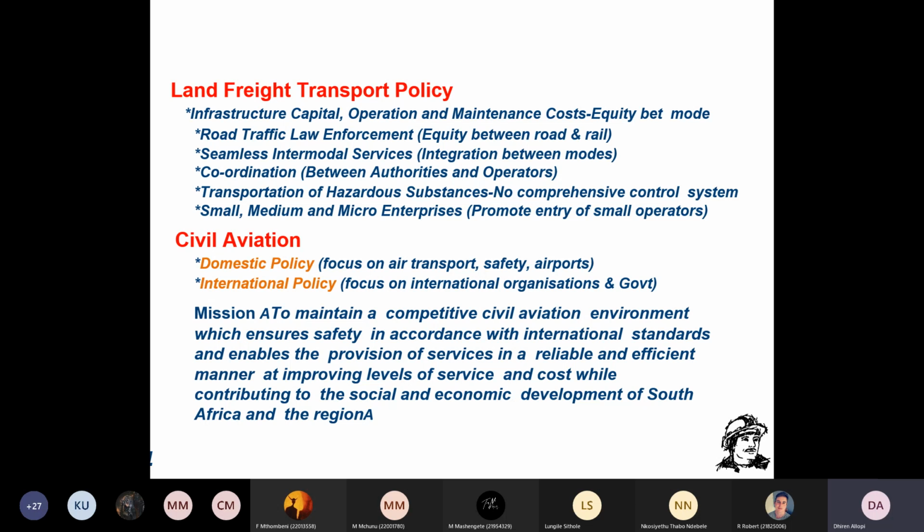Okay, so land freight transport policies. Again, you can see the law enforcement aspect, equity between road and rail. Yes, this is something that has been going on. This debate has been going on for many years now, where a lot of the heavy freight was previously transported by rail. And now a lot of that has been transported by road.